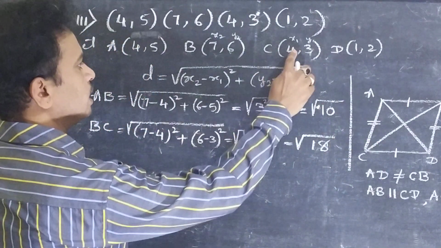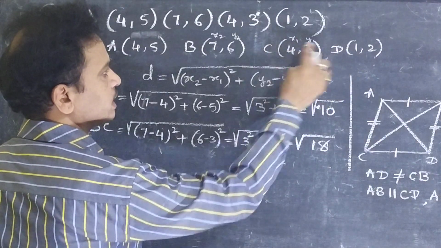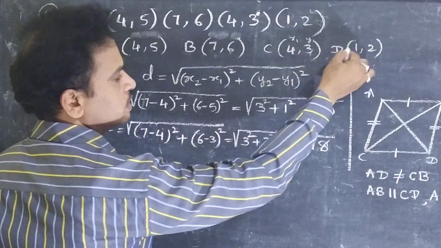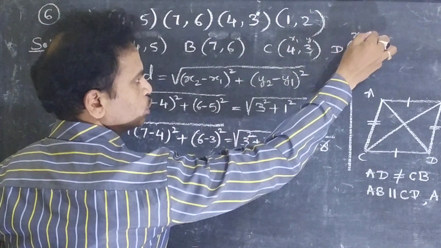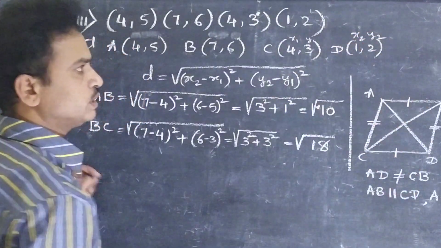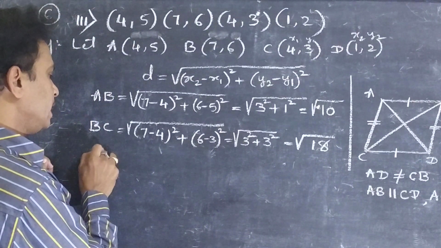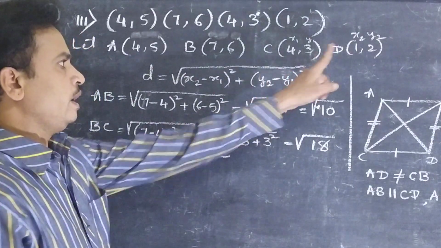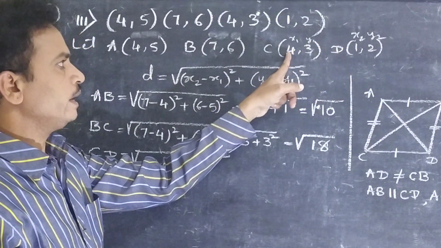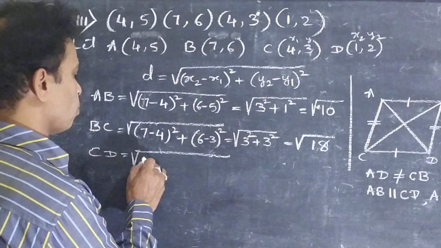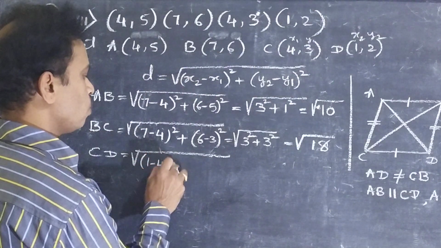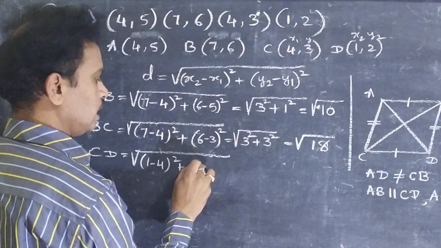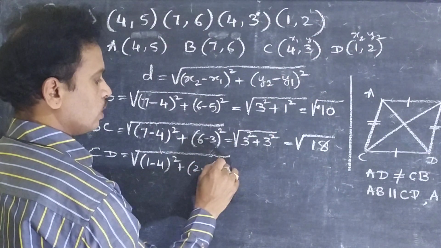Now similarly we can find the distance between CD. Here C is x1, y1, and this D point we will take x2, y2. CD is equal to x2 minus x1, 1 minus 4, whole square plus 2 minus 3 whole square.